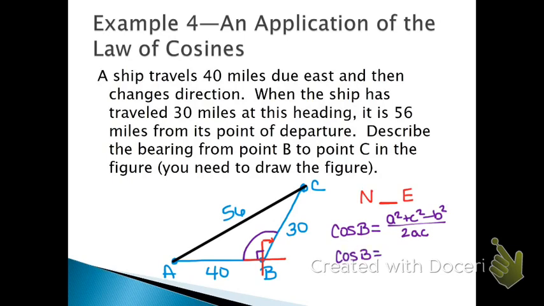And remember, the angle and side across from it have the same name, so the 40 is side C, the 30 is side A, and the 56 is side B. So we just plug that in. So 30 squared plus 40 squared minus 56 squared all over 2 times 30 times 40. Be careful of how you type this in your calculator.